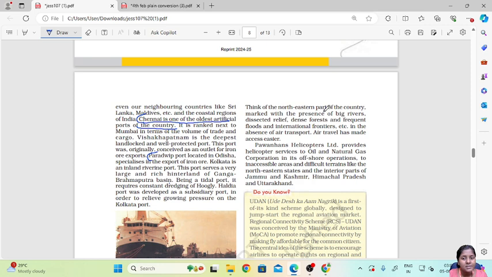Think of the northeastern part of the country. It is marked with the presence of big rivers, dense forest, frequent floods, and international frontiers, etc. In the absence of other transport, air travel has made access easier over there.